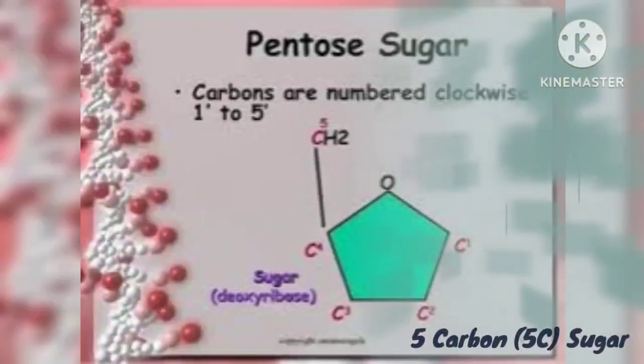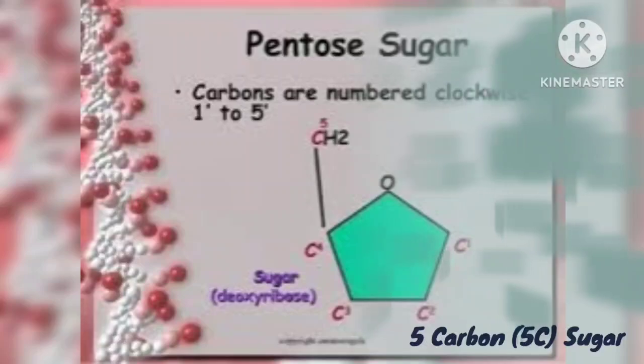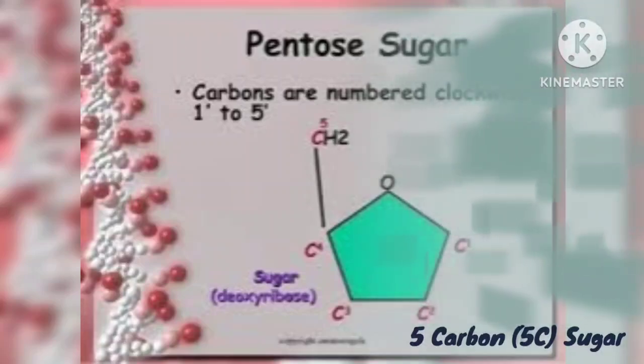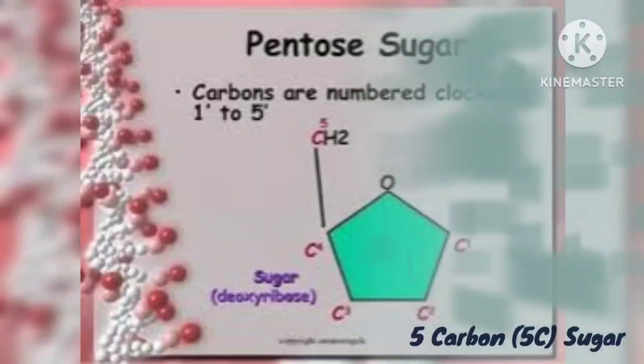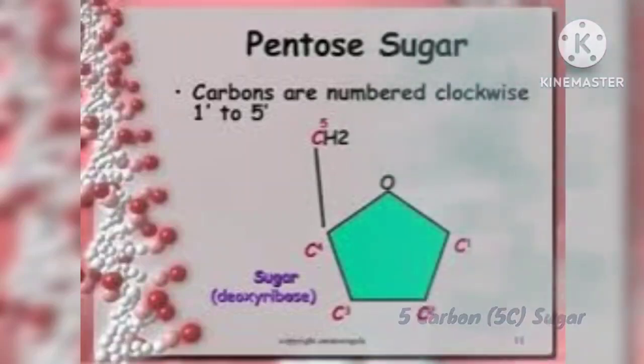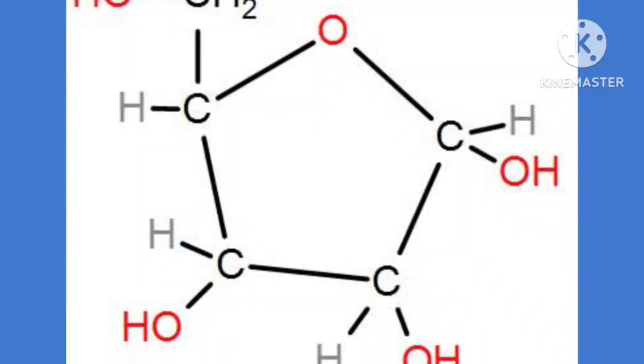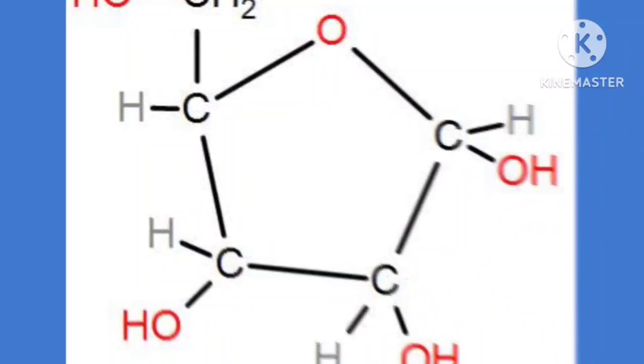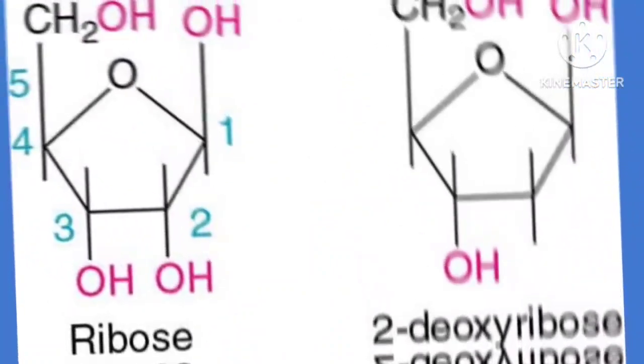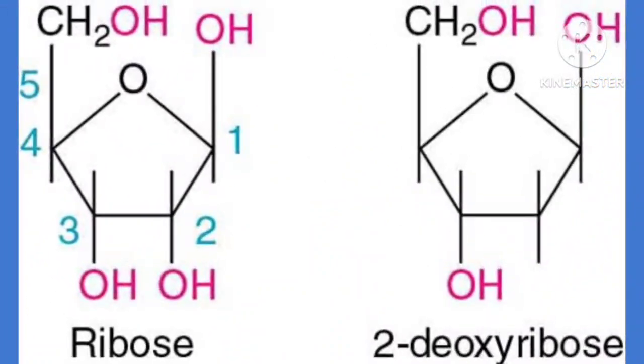Now we would understand the structure of pentose sugar, or the 5-carbon sugar, the second part of nucleotide. The pentose sugar contains a 5-carbon ring, or a pentameric ring structure. There are two types of pentose sugar, ribose and deoxyribose.